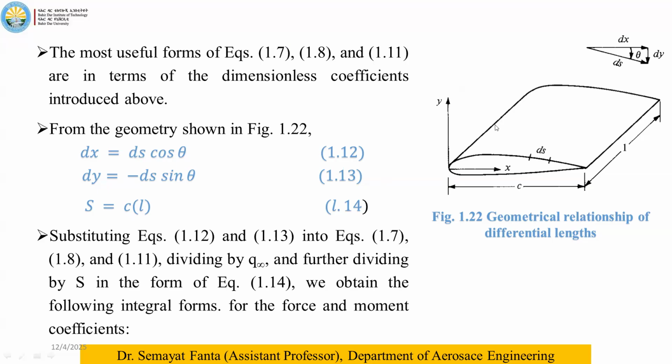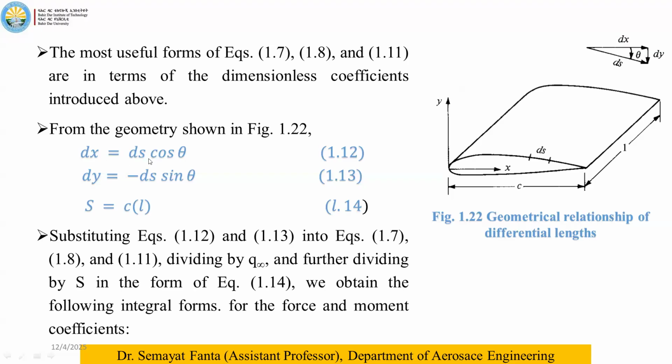Once we take this, we can take the differential length ds from the wing or the aerofoil. This ds can be resolved into dx and dy with some angle theta, because it is a curved profile.